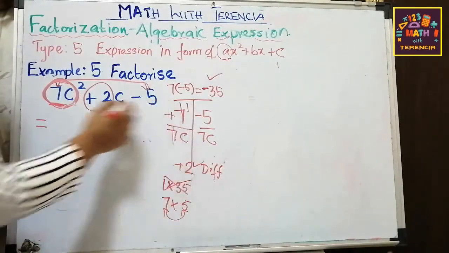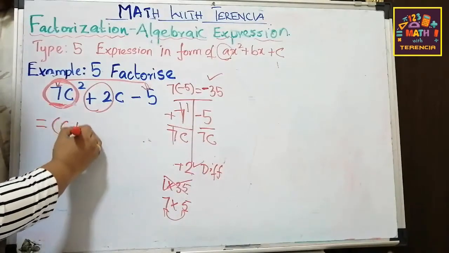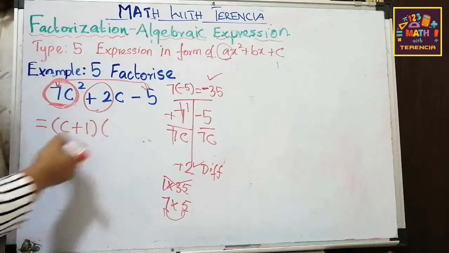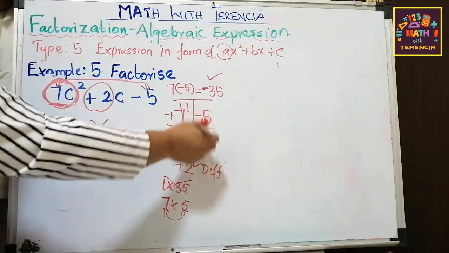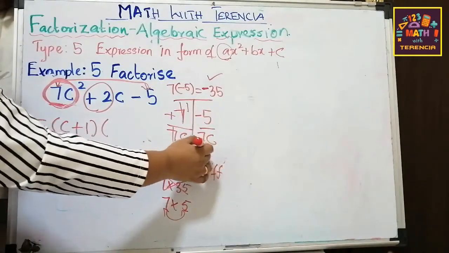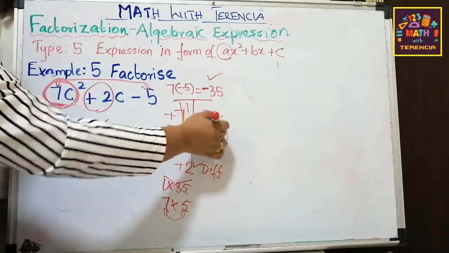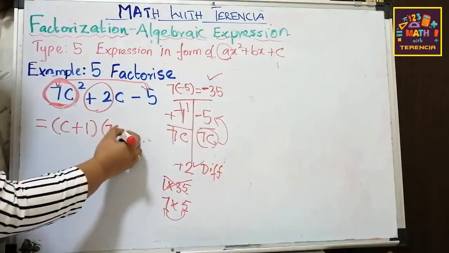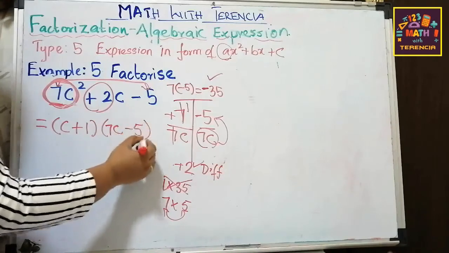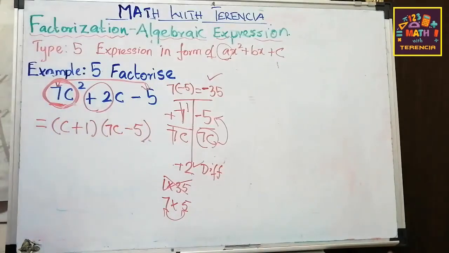I will get 1. So the factor is C plus 1 times, here no multiple of 7, so I'll write this as 7C minus 5. So the factors of 7C squared plus 2C minus 5 are C plus 1 into 7C minus 5.